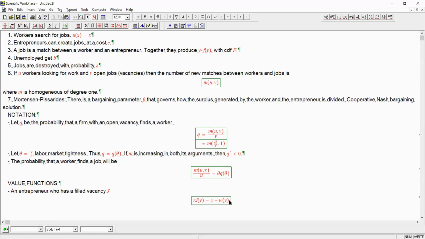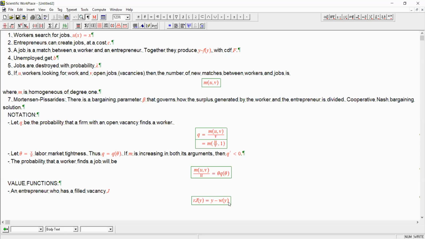And lastly, what possible change could there be in the state of this firm? Well, so far we've had y fixed, just as before we had wages fixed. So y doesn't change. What can change is that the entrepreneur could go from having this job to not having this job.